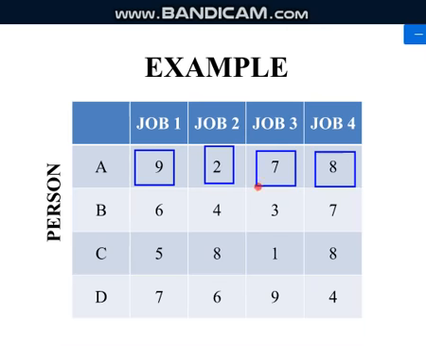So root node will have 4 branches. So one is 9, 2, 7 and 8. Then again, if you want to go to the next level, that is after job 1 is allocated to person A, then you will have 3 possibilities for person B, that is job 2, job 3, job 4.